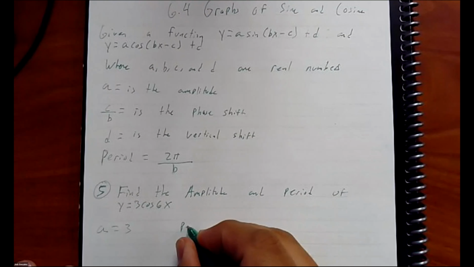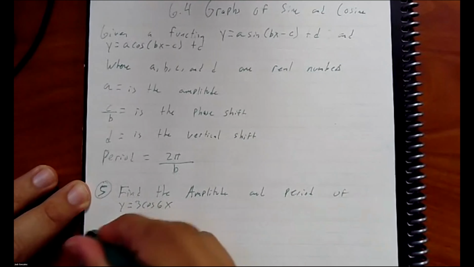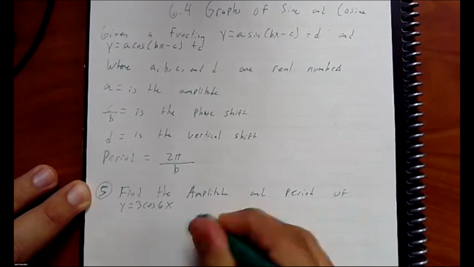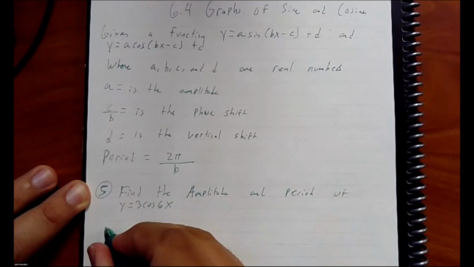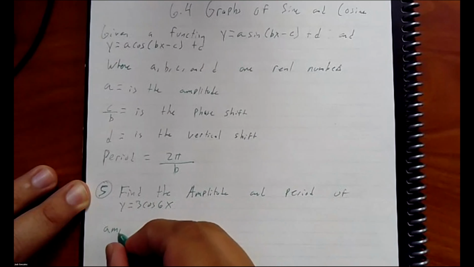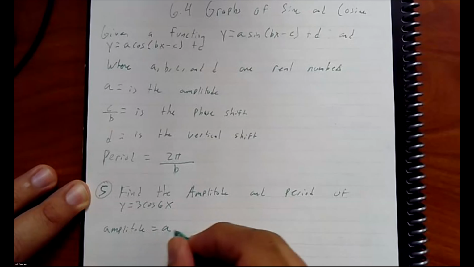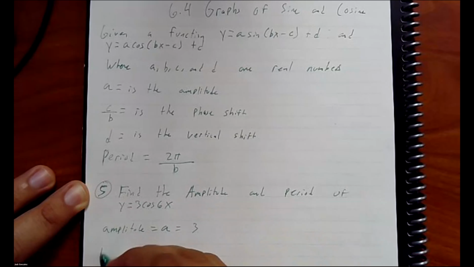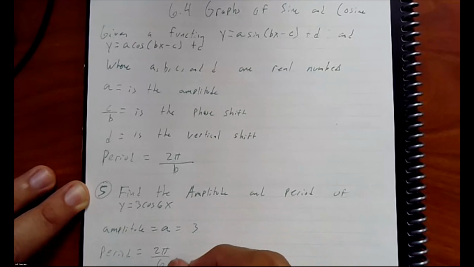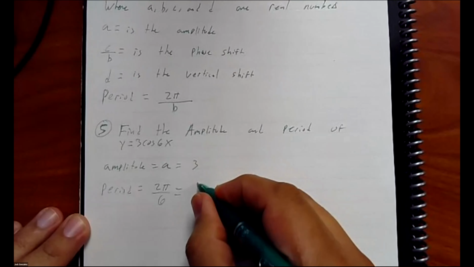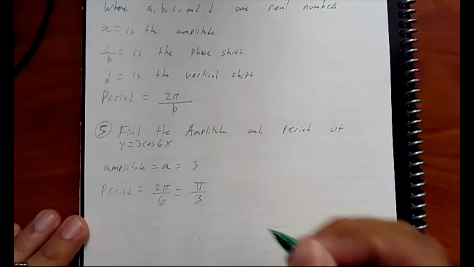The period, well, let's write it out. I should say amplitude. Amplitude is equal to A, which is equal to 3. Period will be equal to 2 pi divided by 6, which is equal to pi over 3.